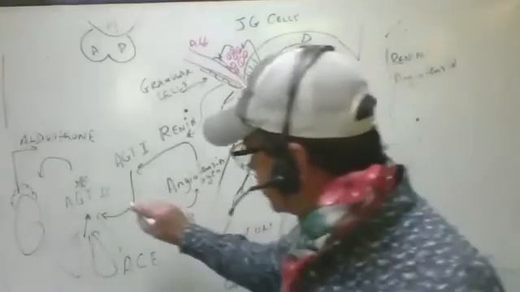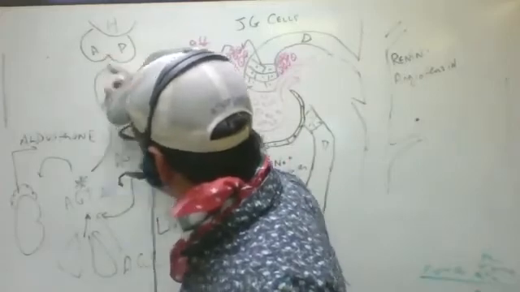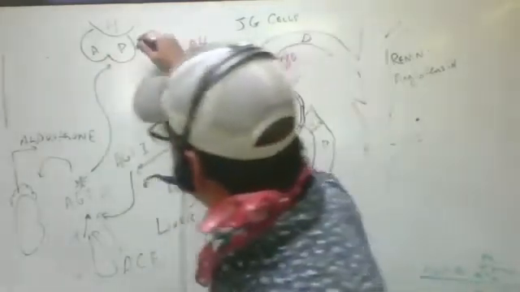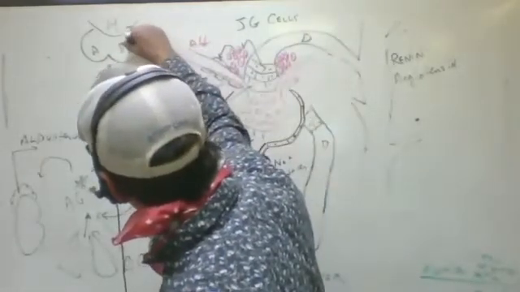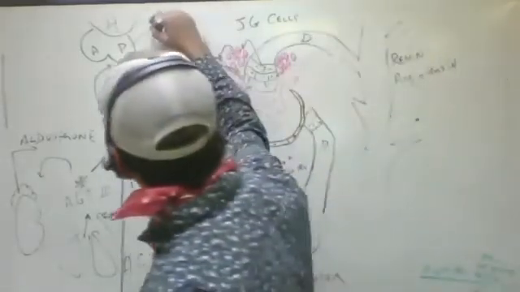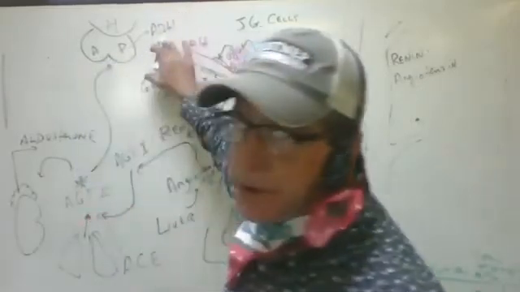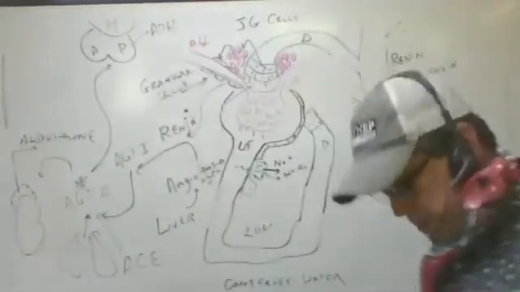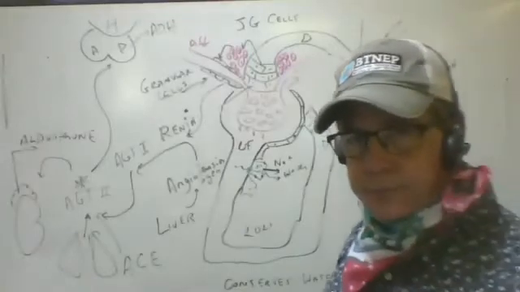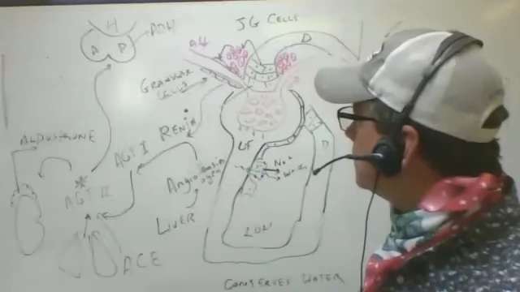Another thing that angiotensin 2 does is come up to the posterior pituitary, and it leads the posterior pituitary to secrete what's called ADH, antidiuretic hormone. Some books call it vasopressin, but I'd like for you to think of it as antidiuretic hormone.